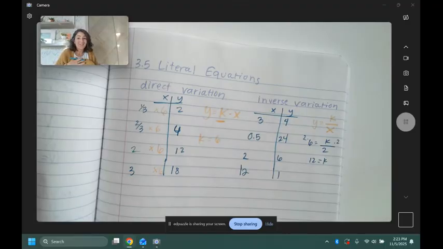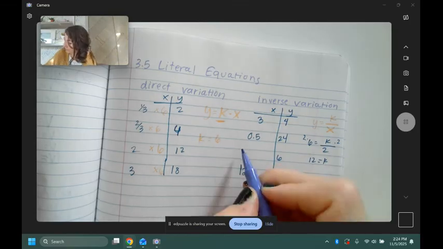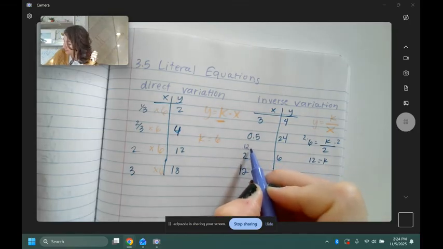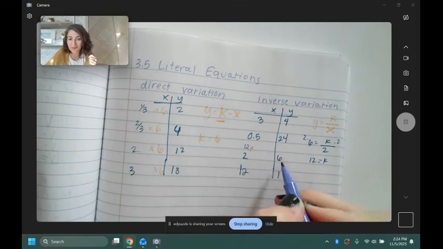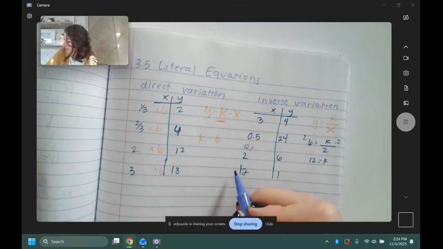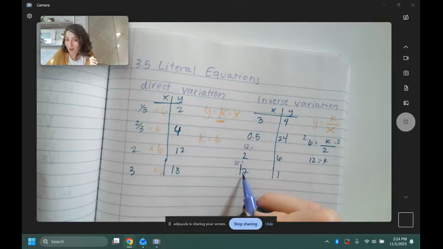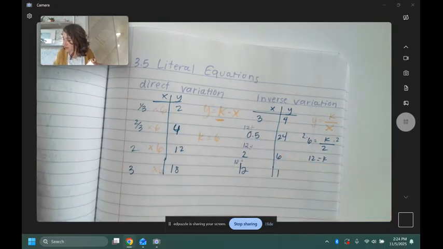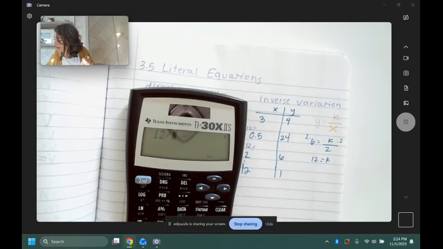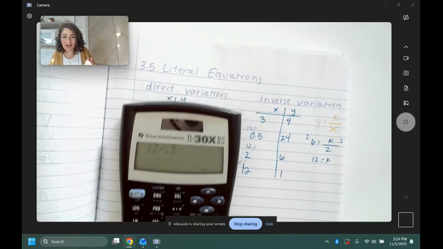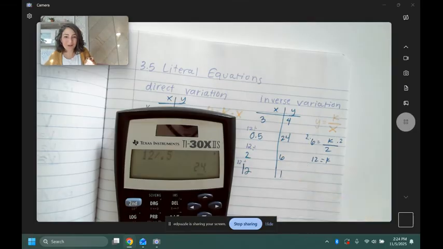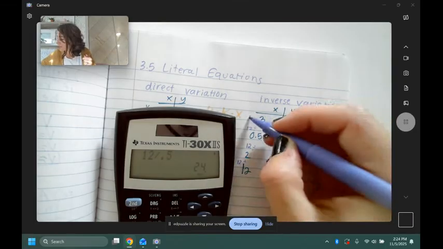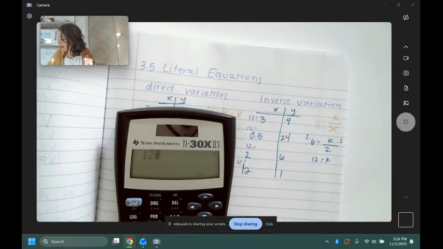Now let's check: 12 divided by 2, I get 6. 12 divided by 12, I get 1. 12 divided by 0.5, I get 24. 12 divided by 3, I get 4.